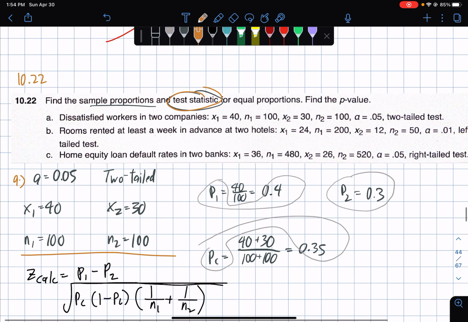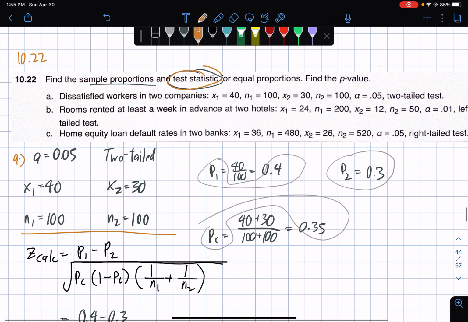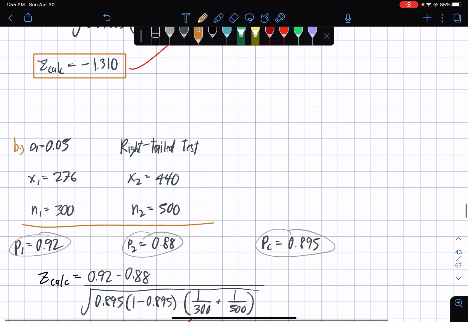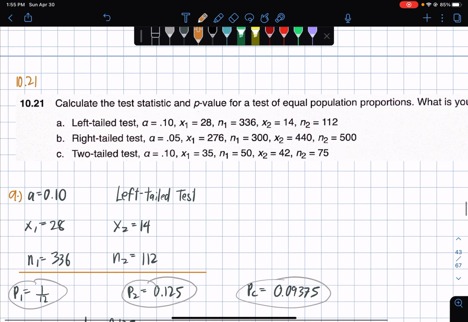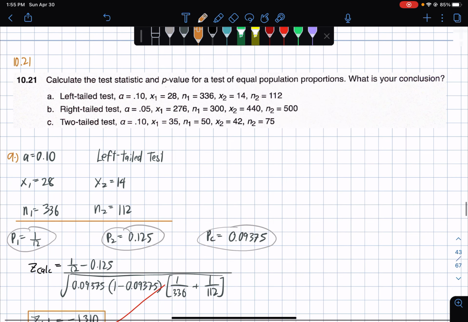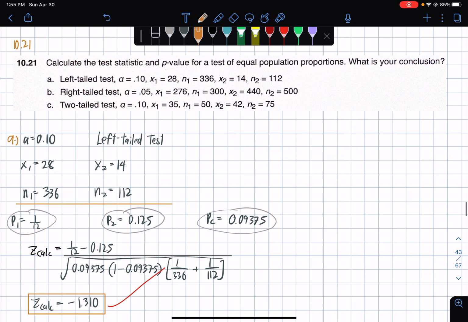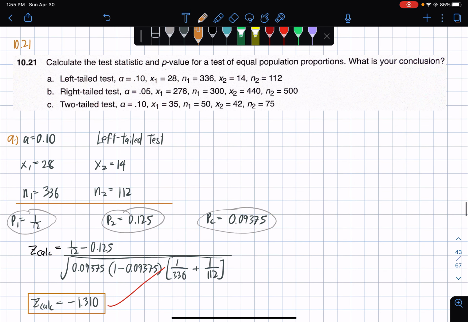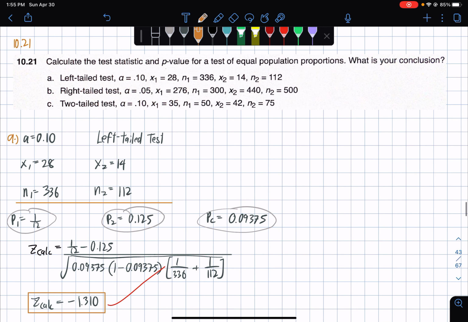Hang on. Oh, okay. I think I'm understanding something right now. This is Z-calc, so apparently we could make a conclusion using hypotheses.